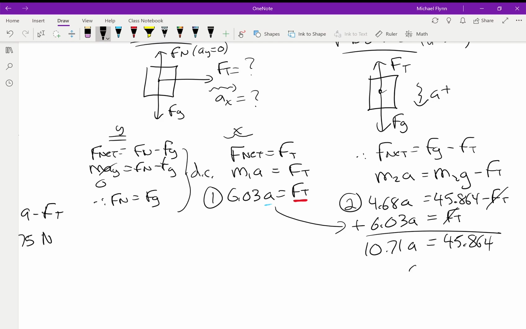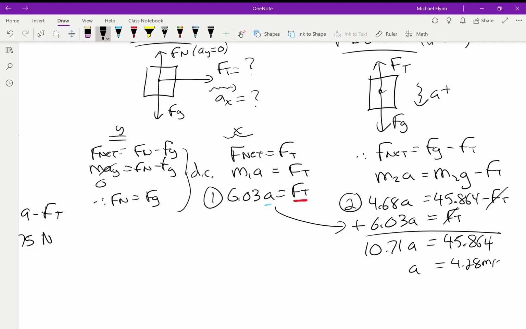So therefore a is equal to 45.864 divided by 10.71. I get 4.28 meters per second squared.